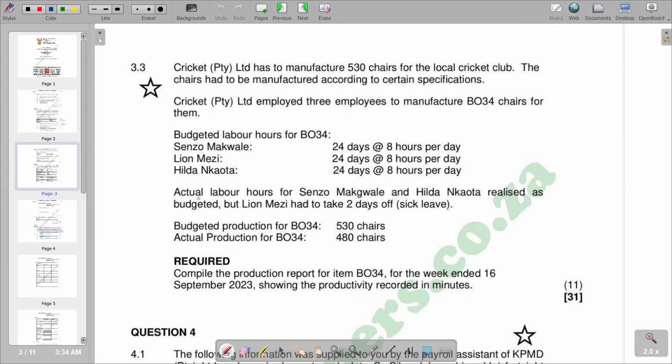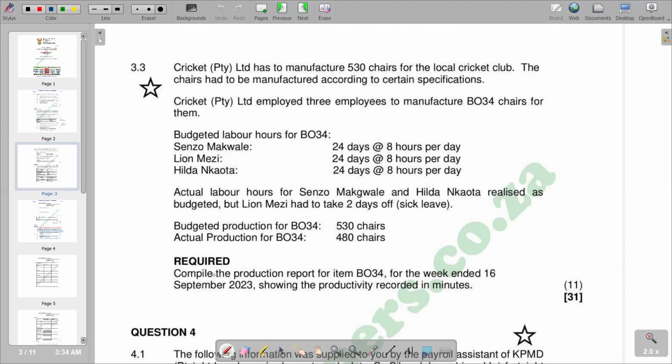Then actual labor hours for Senzo Makwale and Yehuda Gawota realized is as budgeted, but Leon Mezi had to take 2 days of sick leave. Then we're given budgeted production for BO34 and actual production for BO34.